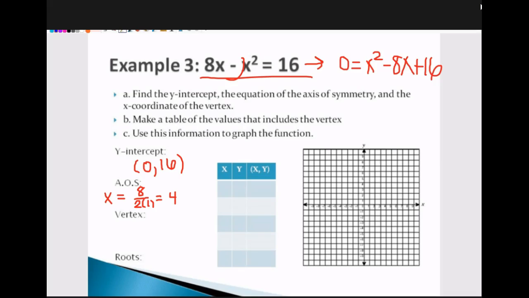So plugging 4 in, 4 squared is 16 minus 8 times 4 plus 16. Well, 8 times 4 is 32. 16 plus 16 is 32. So 32 minus 32 is 0.